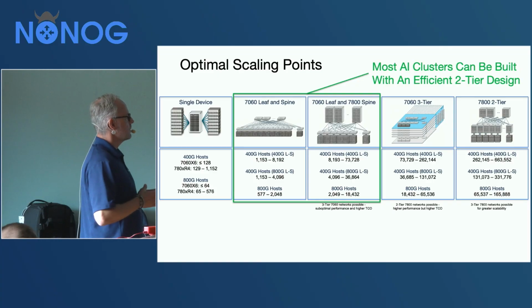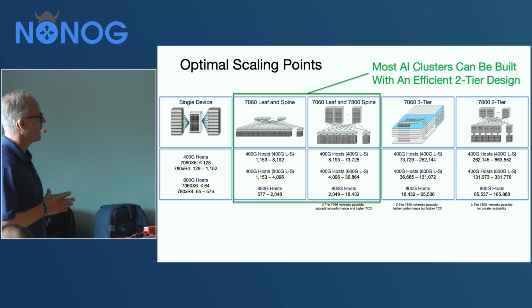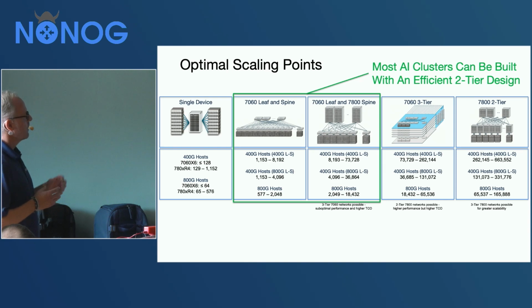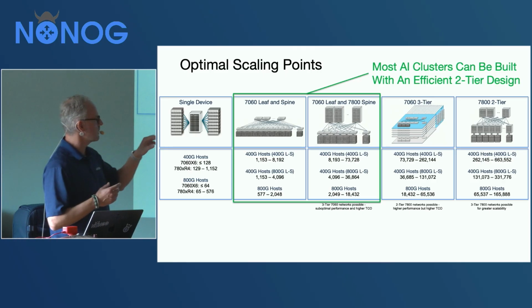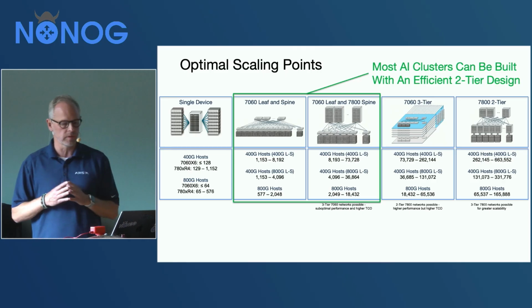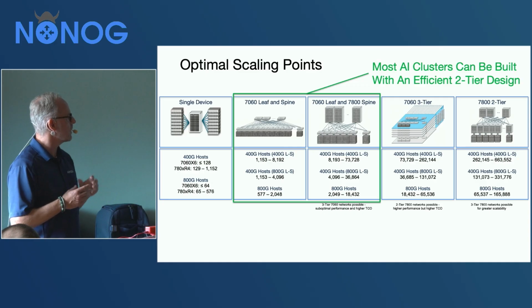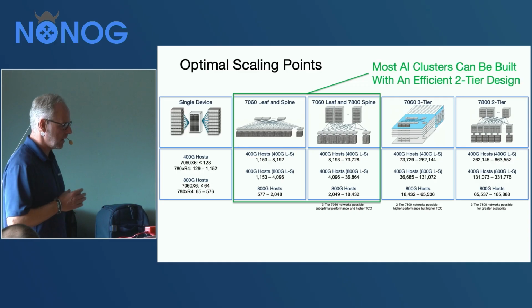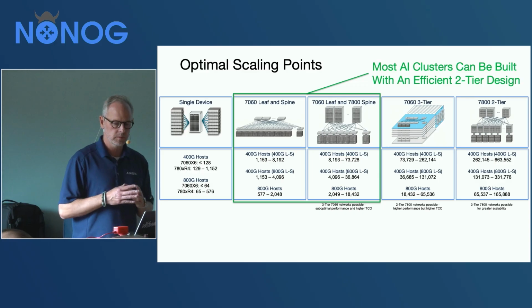To summarize, most AI clusters can be built with a 2-tier design. We have the 2-tier model with the chassis and fixed switches, which scales up to 74K GPUs. If you only go with the fixed switches, we can scale up to 8,000 GPUs.